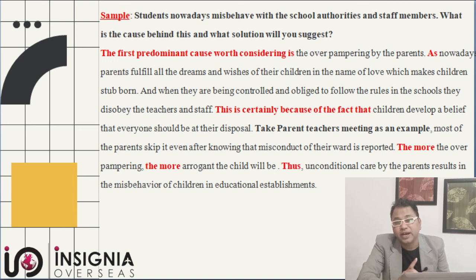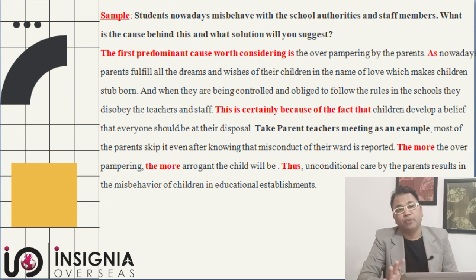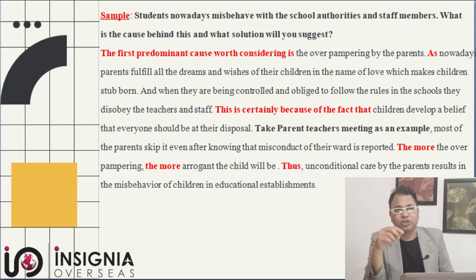After example, do not end your body paragraph. Please extend it by using this structure of the more, the more. If you do not know how to use it, practice it and click on the link below. And after that, the last part of your body paragraph is the outcome or the result, which can be elaborated by saying words like thus, therefore, hence. And that's the end of your complete 90 to 100 words body paragraph.